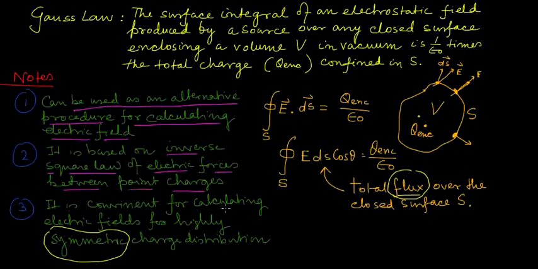That means if we put the inverse square law, the Gauss law should come. So in this lecture, first we shall deduce Coulomb's law from Gauss law and also vice versa. So let's do it.